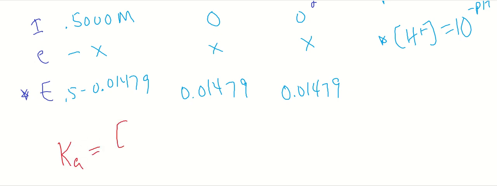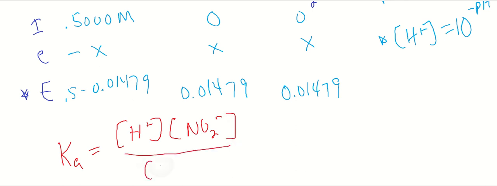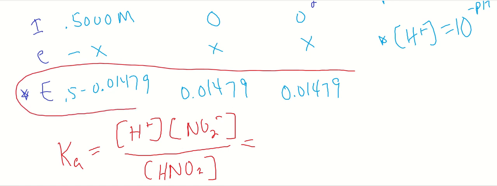It's going to be the concentrations of the products, which is the hydrogen ion and the conjugate base, NO₂⁻, over the concentration of the reactants, which is the nitrous acid. Right, and then we have that right here. That's the whole point of that ICE box.